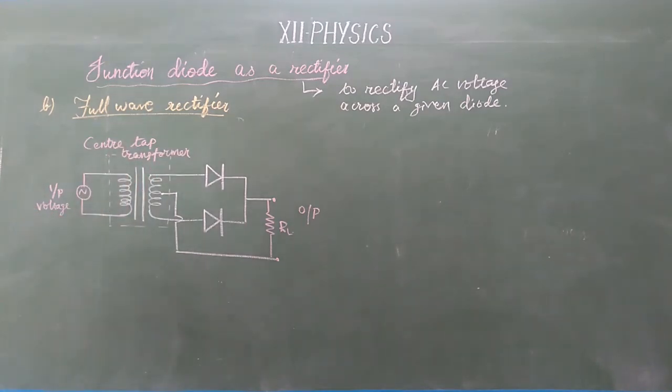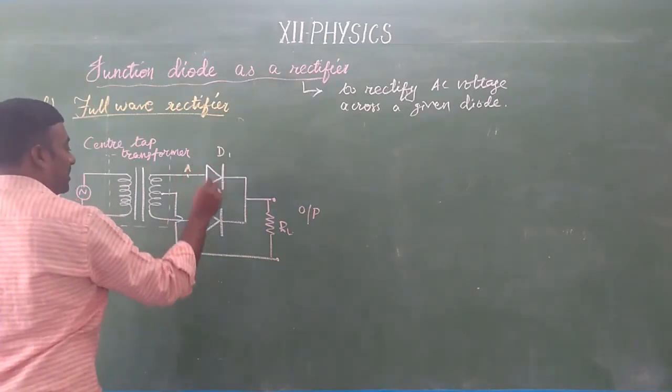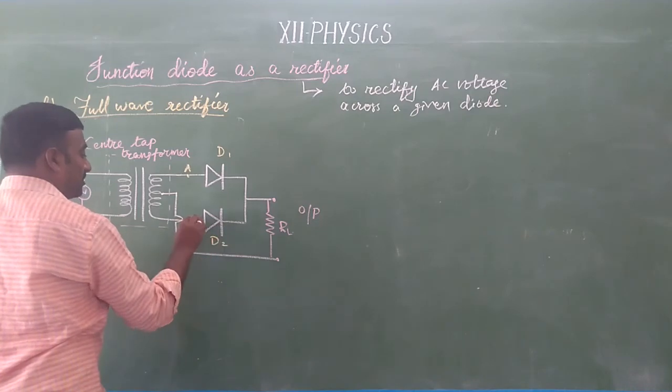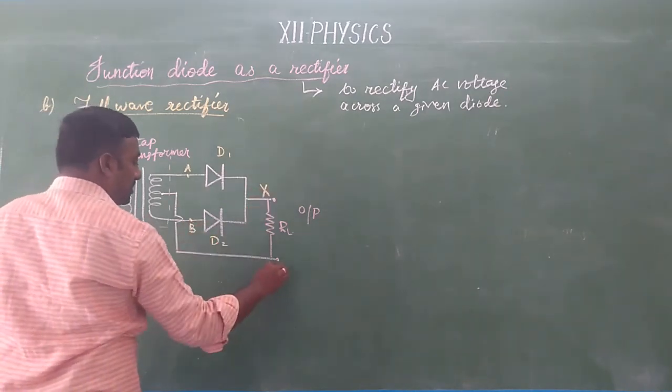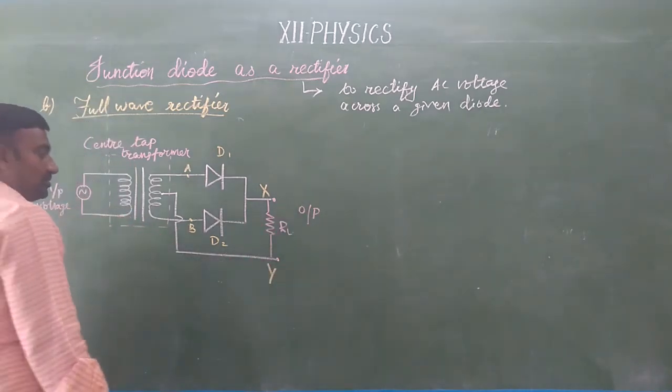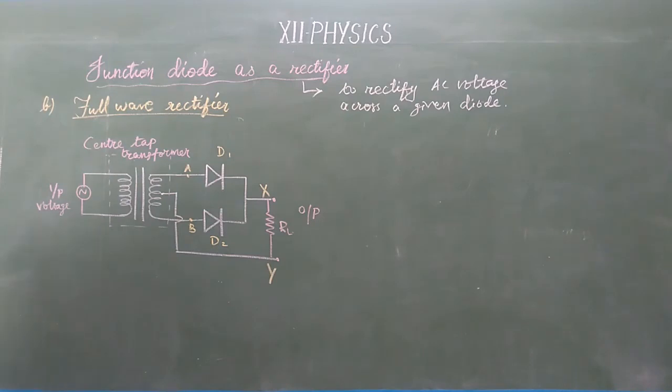There are two diodes used. This is diode D1 at point A, and this is diode D2 at point B. Then across XY, the load is drawn out. So the output is drawn across the load resistor. Okay. So this is a full wave rectifier circuit.